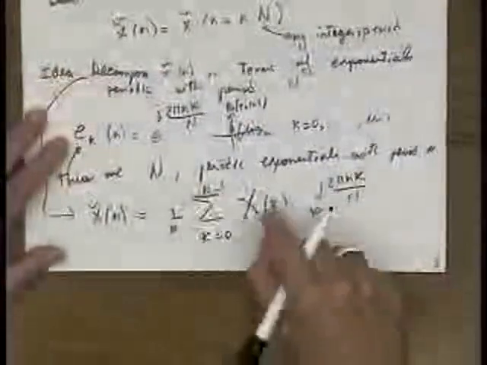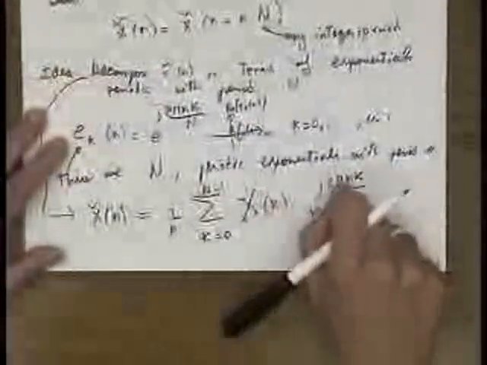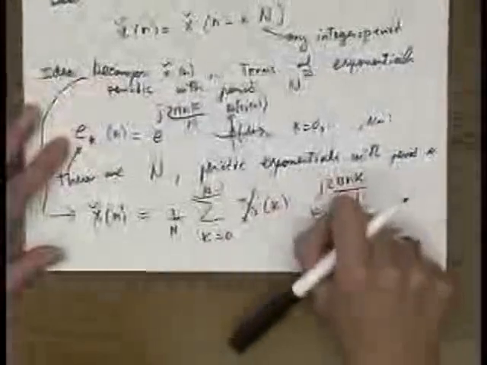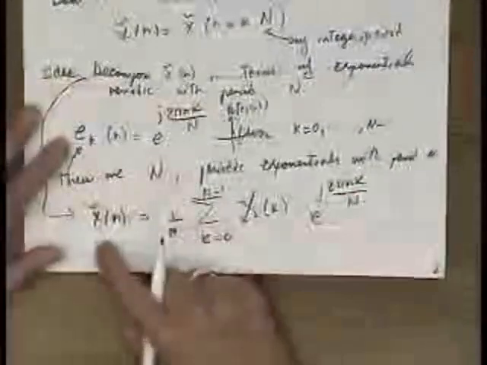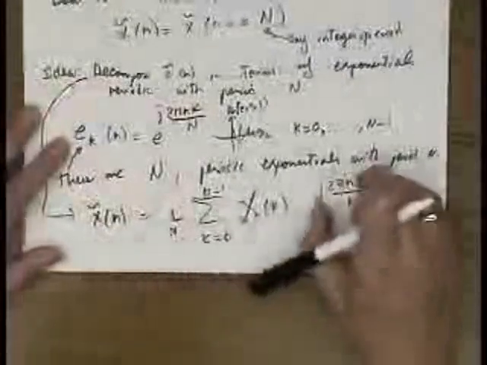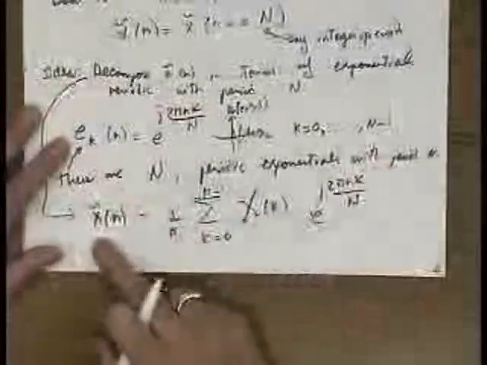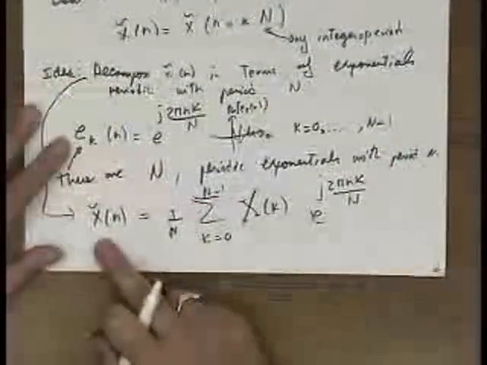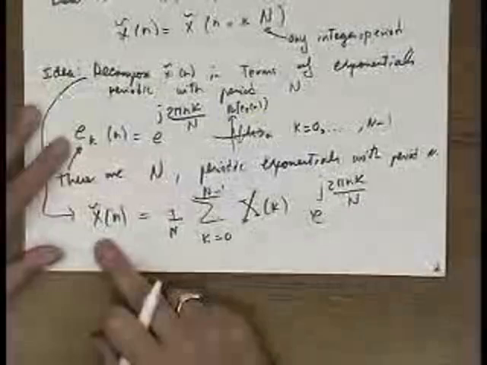I can let k range all the way from 0 to N minus 1, and I get different weights for each exponential. So I'm just saying the right mixture of these exponentials creates x tilde of n. The linear weighted sum of these exponentials can result in any periodic sequence of period N. That's really all that's happening.